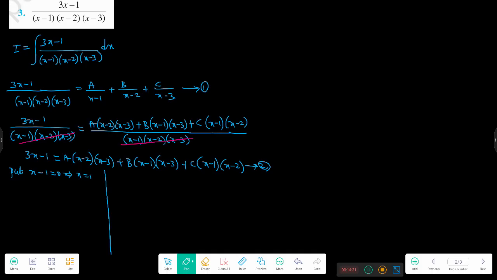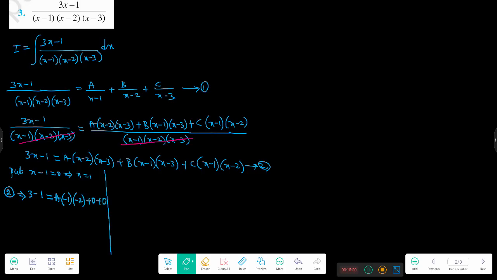So x minus 1 equal to 0, now in equation 2, x value is 1. Then 3 into 1, 3 minus 1 equal to, here there is no x minus 1 term, so you have to apply carefully. A into 1 minus 2, what? Minus 1. 1 minus 3, what? Minus 2, right.